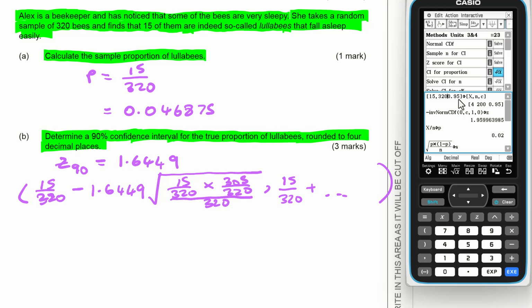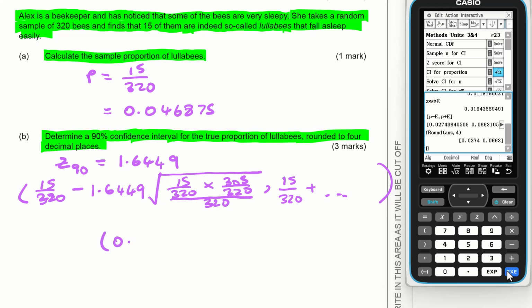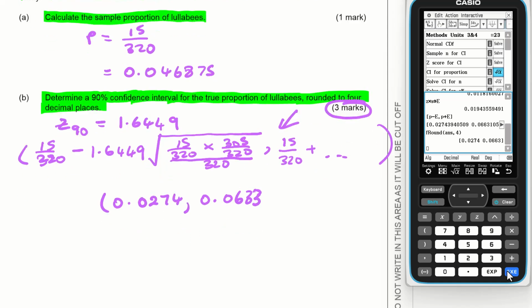And she's doing a 90% confidence interval, make that 0.9. Execute that, and you can see we get 0.0274 and 0.06333. I always think it's worth showing this calculation because we've got 3 marks here.